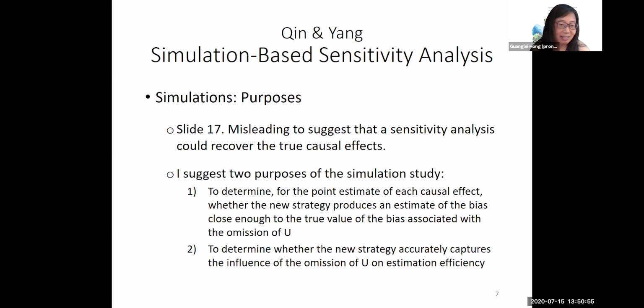And the second, given your interest in the sensitivity of the standard error estimate to the omission of potential confounders, I think you want to use your simulation study to determine whether the new strategy accurately captures the influence of omission of U on estimation efficiency. Those are the two goals. I'm not sure if you address the second, and I think you should also highlight the first more clearly.